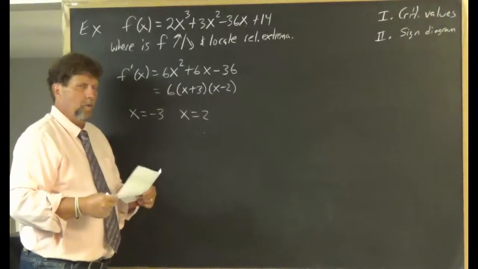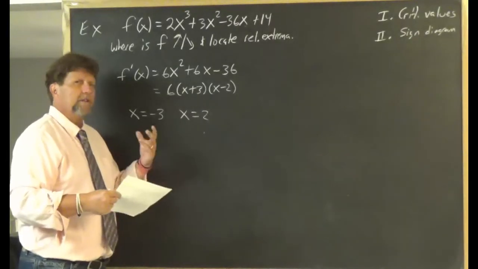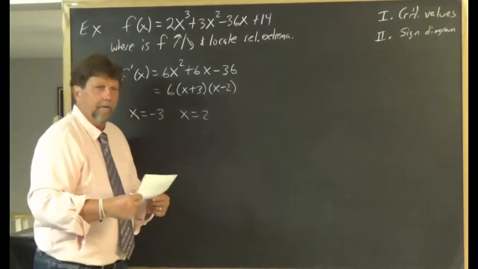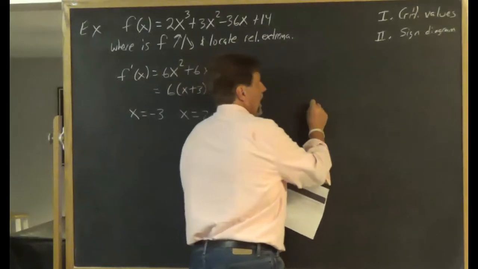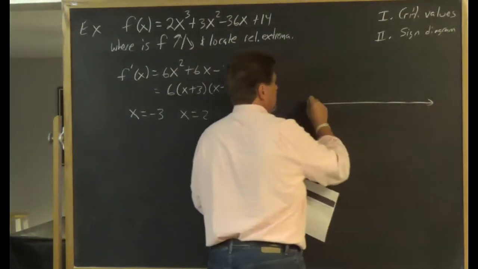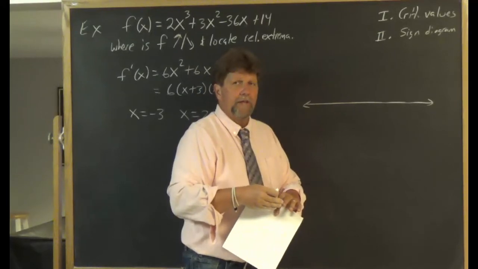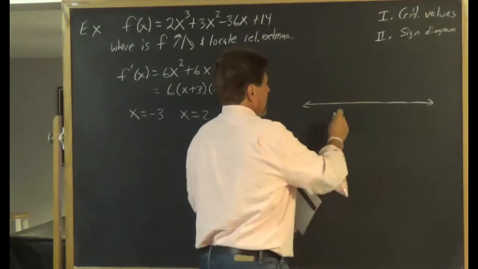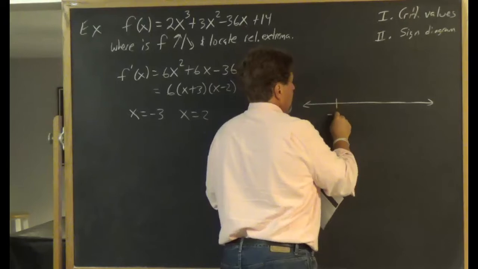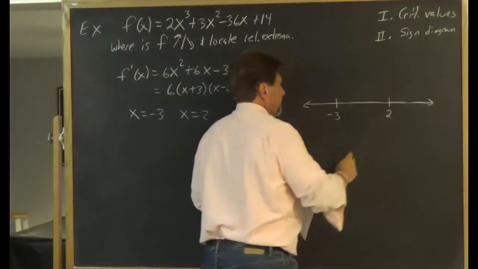So now we'll make a sign diagram. So here's how I make a sign diagram. First thing I do, I make a number line. On the number line, I put all of the critical values that I found. So on my number line, I would put -3 and 2.